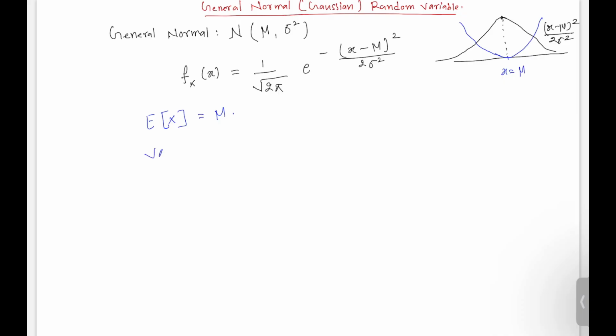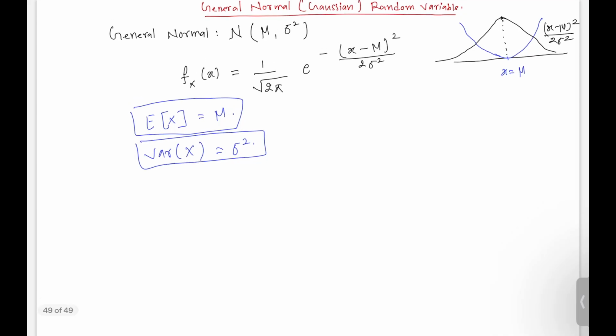will be sigma square, right? The point to note here is that these two parameters control the shape or the size of this bell curve.